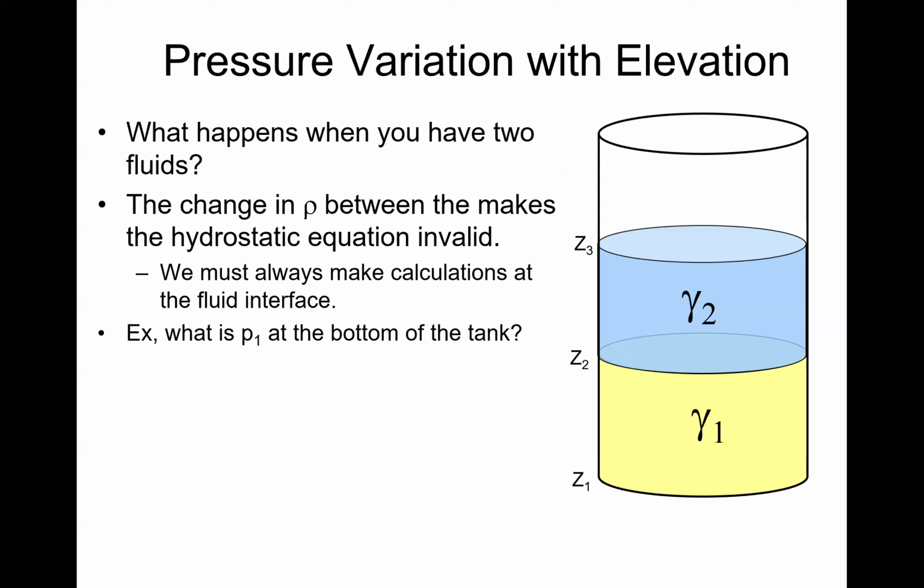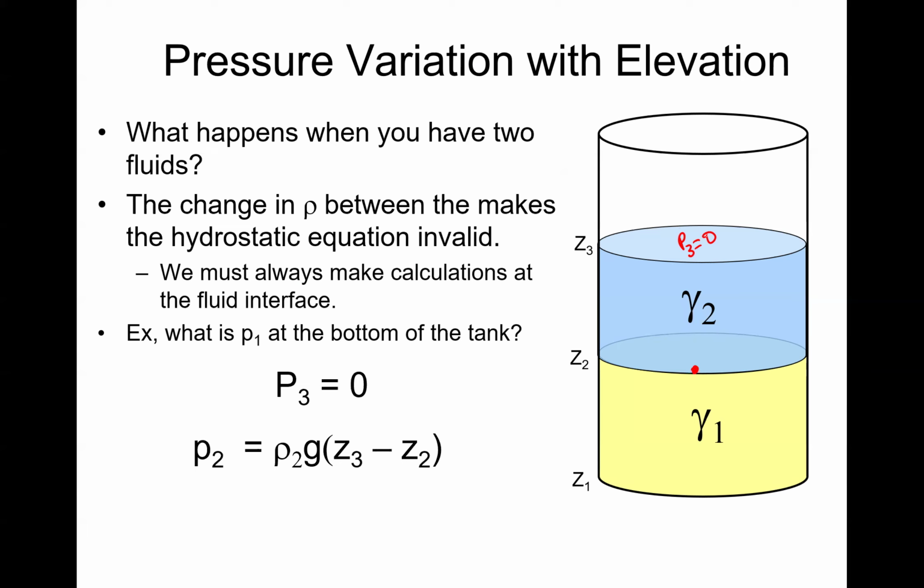Now, how do you solve this problem? It's pretty easy. You basically have to calculate first the pressure here at the interface between the 2 fluids. So you say P3 equals 0 because it's going to be gauge pressures. So this is going to be 0 at the top of the liquid. And then P2 will be the density of fluid 2 times g times delta z.